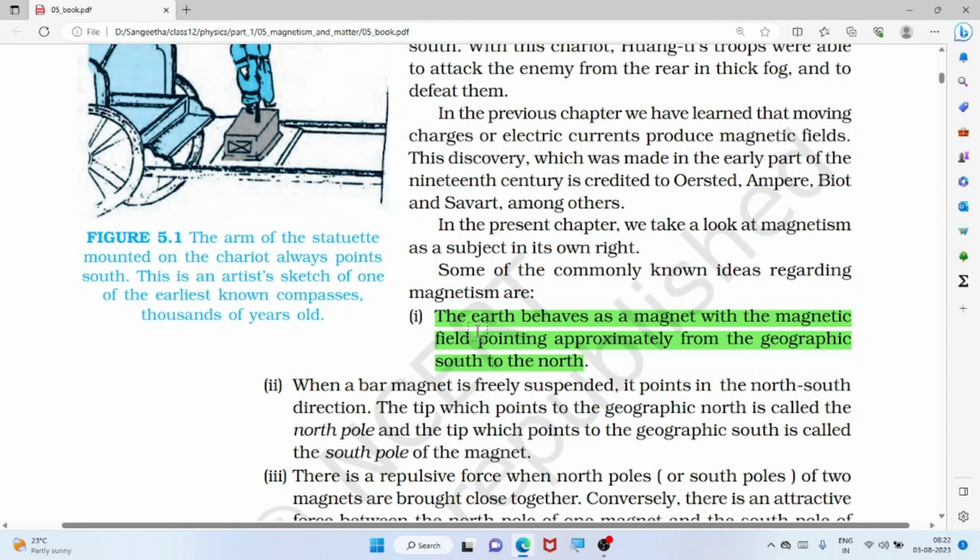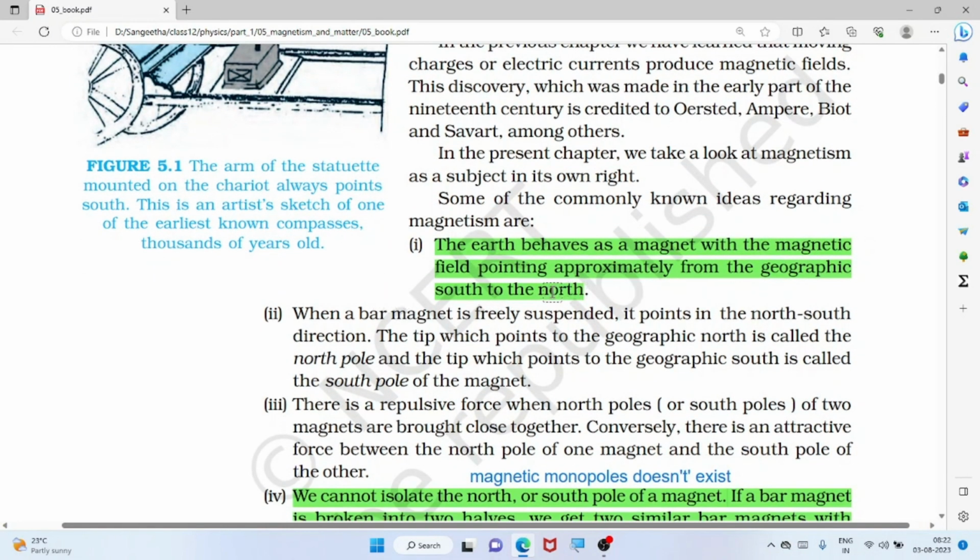See, Earth behaves as a magnet with a magnetic field pointing approximately from the geographical south to geographical north.